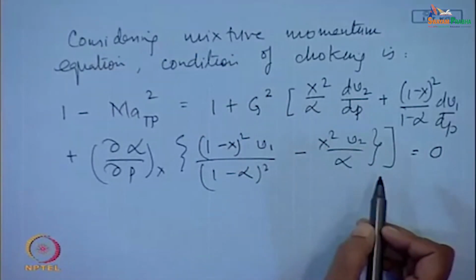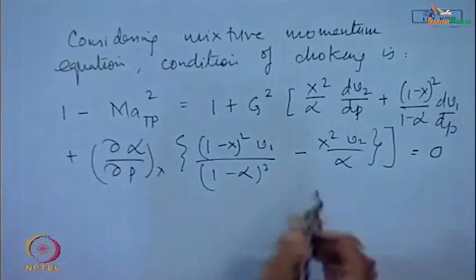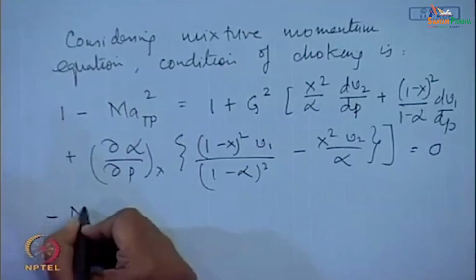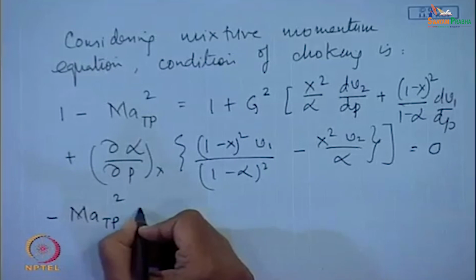Now, let us see what are the other simplifications or modifications which we can do in this particular case, and from here consequently we can obtain an expression of the Mach number as obtained from the two fluid model.